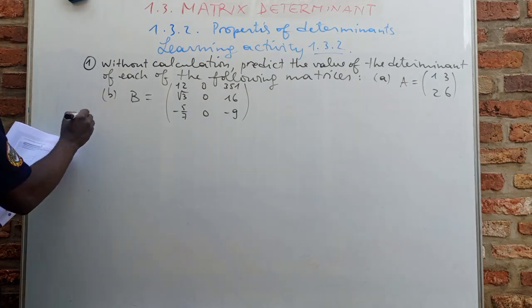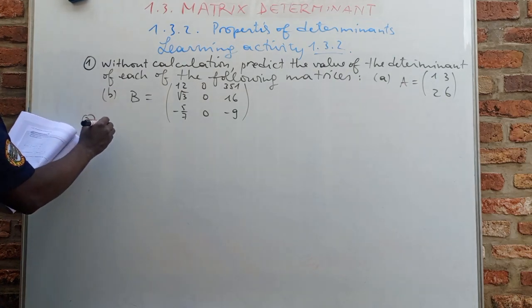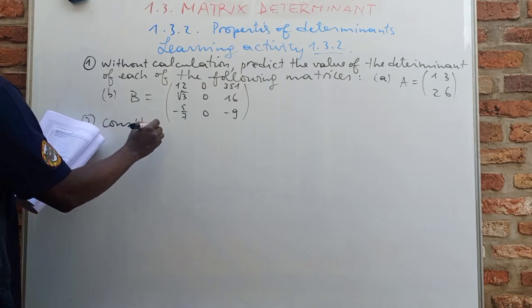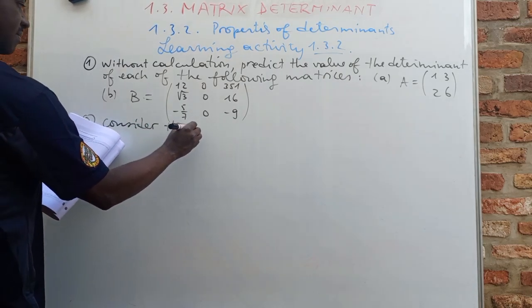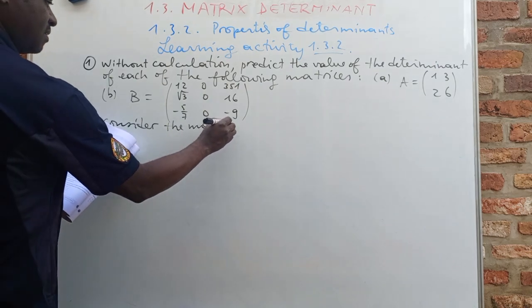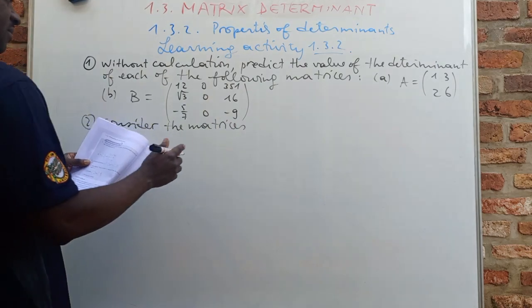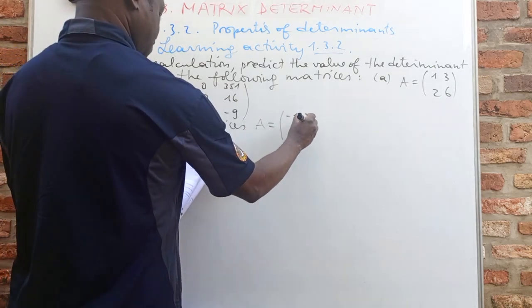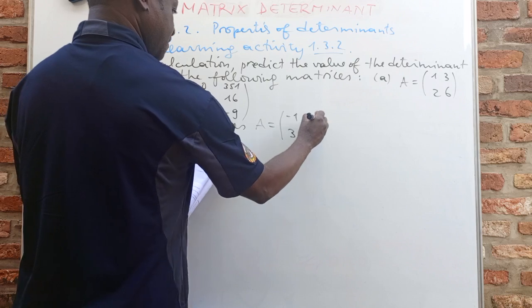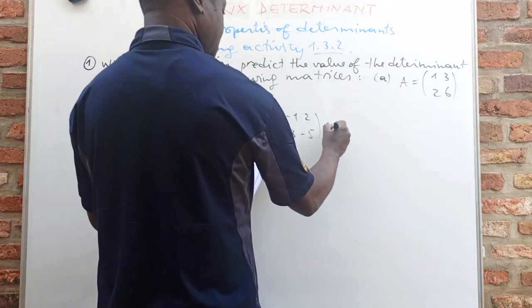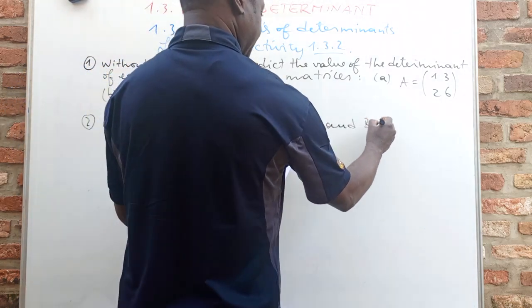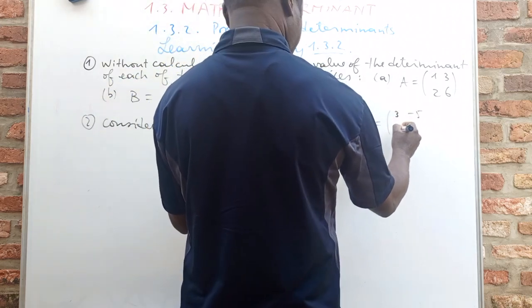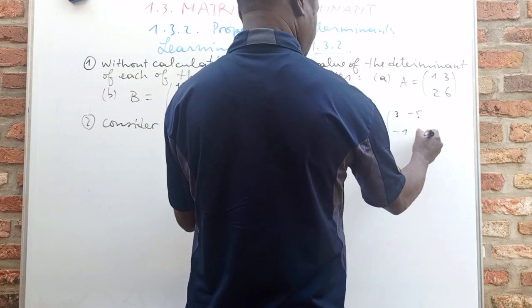Question number 1. Question number 2. Consider the matrices. Matrix A, negative 1, 2, 3, negative 5, and the matrix B, 3, negative 5, negative 1, 2.